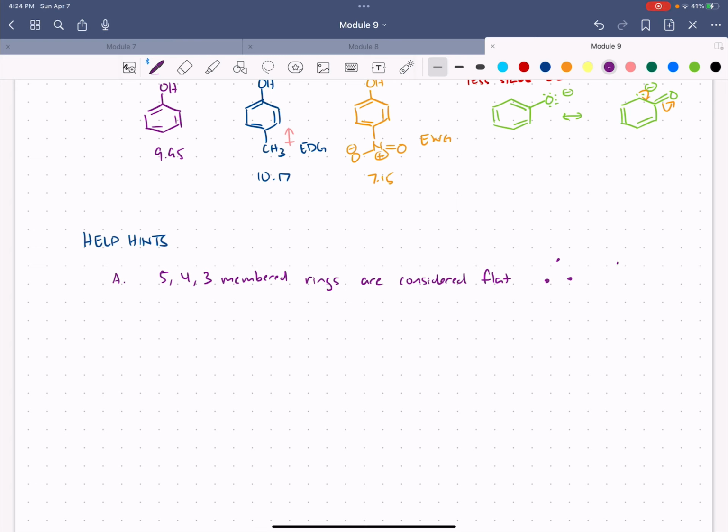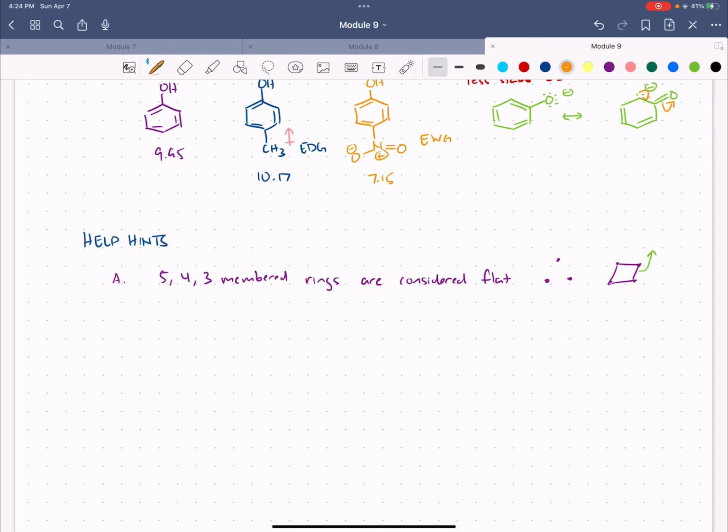The 4-membered ring, let me just draw it. Actually, you can twist a little bit, this corner up, but it's not going to be unflat enough to break any overlap.